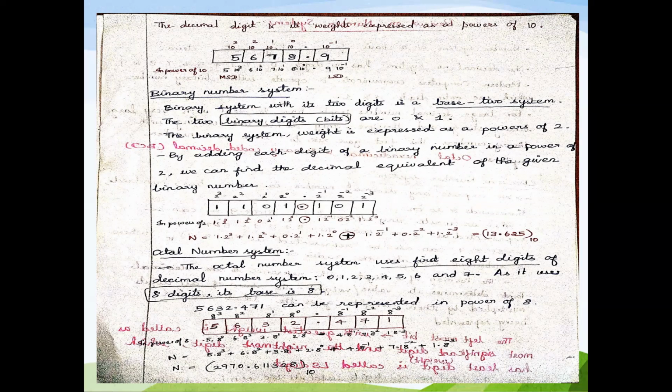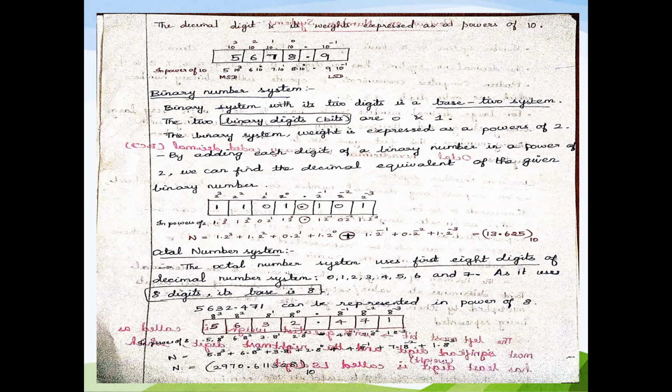If the number is 5, 6, 7, 8 alone, 8 will be the least significant digit, but here in the case of the decimal representation 5678.9, the number 9 is the least significant digit. So that's about the decimal number system.